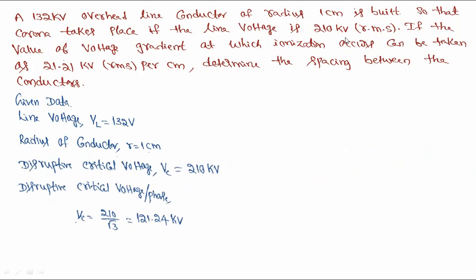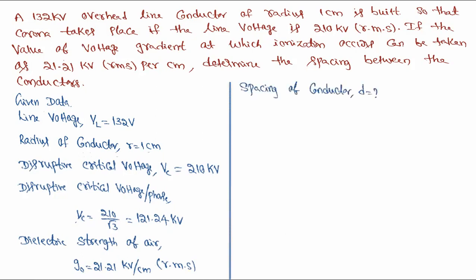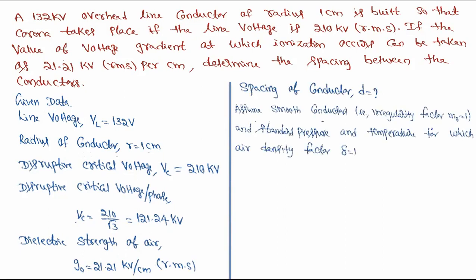But we require kV per phase, so dividing by root 3, we get the disruptive critical voltage as 121.24 kV per phase, and the dielectric strength of air is 21.21 kilovolt per centimeter RMS value. Here we want to find out the spacing of the conductor d.